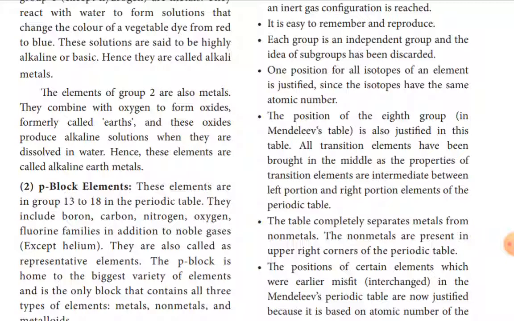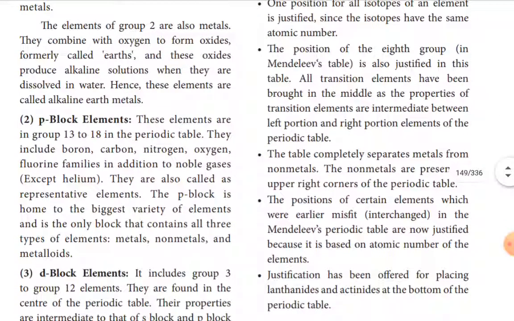The position of the eighth group in Mendeleev's periodic table is also justified. All transition elements have been brought into the middle, because the properties of the transition elements are intermediate between S block and D block. Then the table completely separates metals from non-metals.